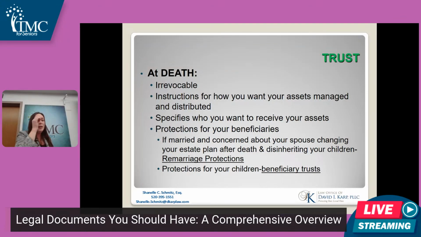So let's say your surviving spouse has some capacity issues and a caregiver swoops in and tries to take advantage of that. There can be protections in place through the trust that make sure the assets are protected for the surviving spouse, and then go to the beneficiaries upon your death. So that's something that's important to think about.